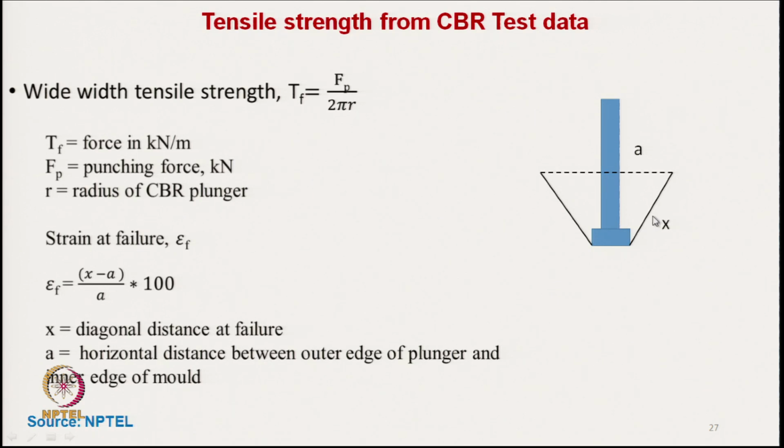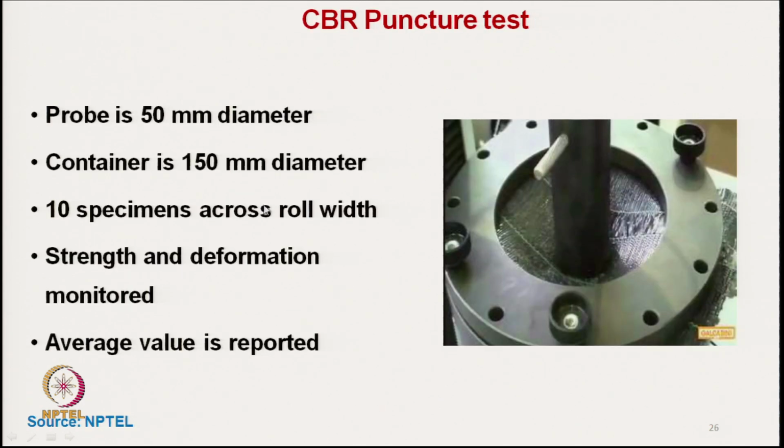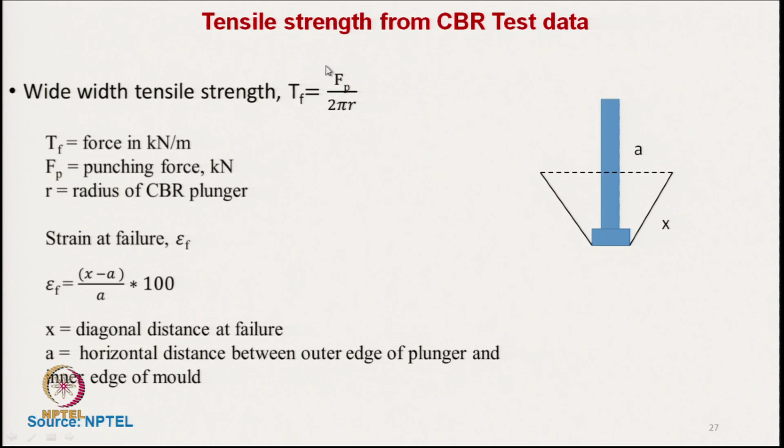If we know the force, we can calculate the circumference of the puncture, that is 2 pi r, where r is the radius of the CBR puncture, here 25 millimeter. The circumference is the total width if we talk about tensile testing. So, that is why it is calculated as Fp divided by 2 pi r.